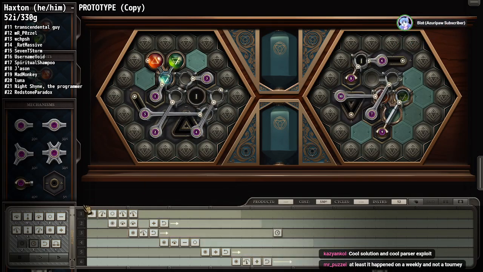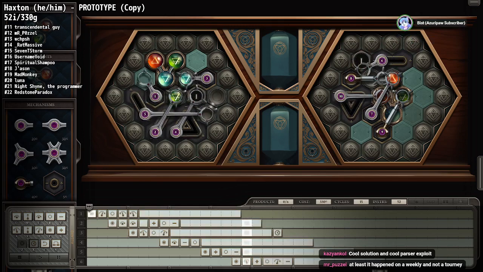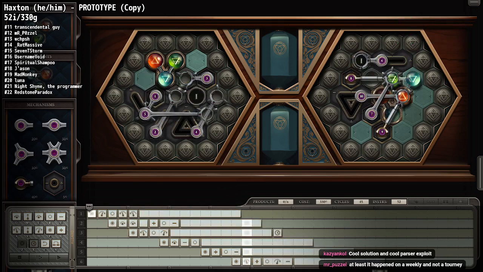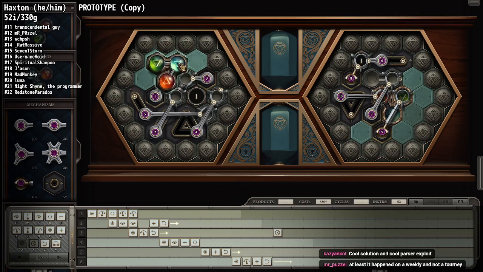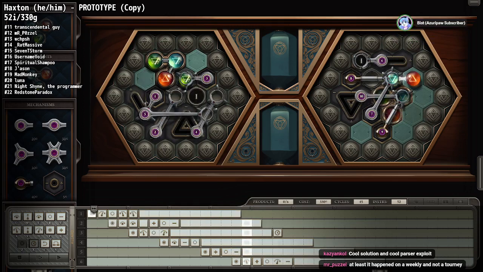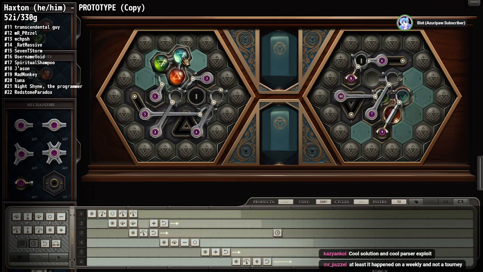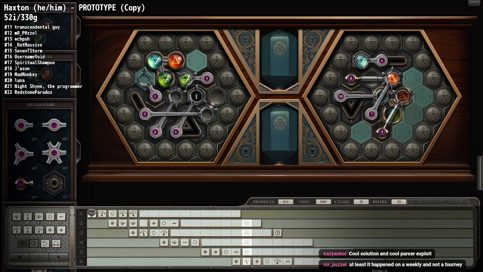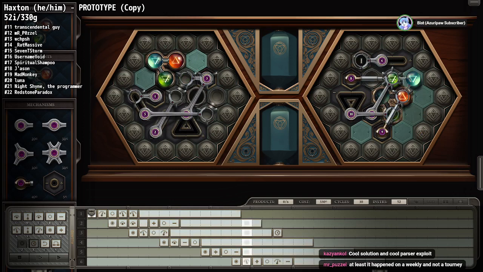How long does it take? This one takes 1, 2, 3 tables to pass everything. This one takes 1, 2, 3, 4 tables. This one takes 4 tables to pass everything. 1, 2 tables to pass everything for this one.